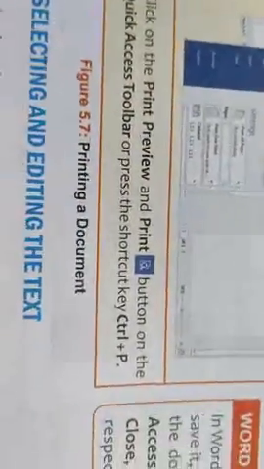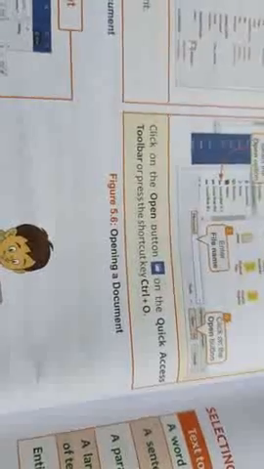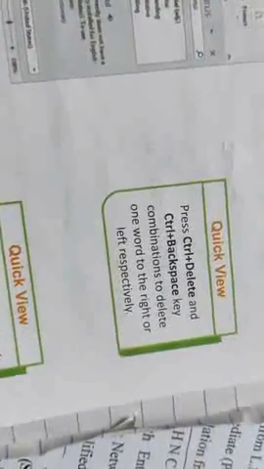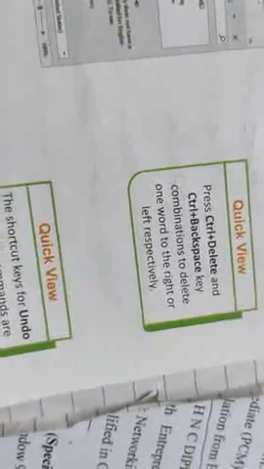Preview the button: Control plus P, and to open the button is Control plus O. To close the window, Control plus W. The shortcut key for checking the spelling and grammar is F7, and Control plus Delete and Control plus Backspace key combination delete one word to the right or left respectively.